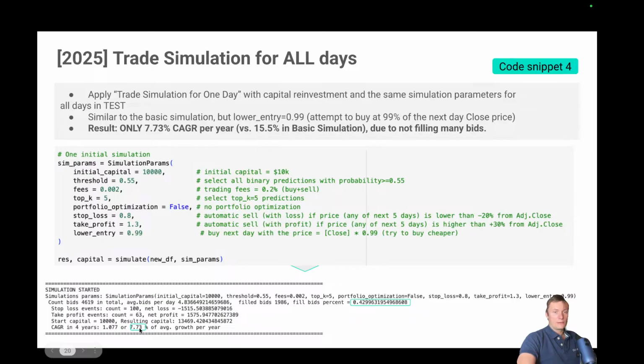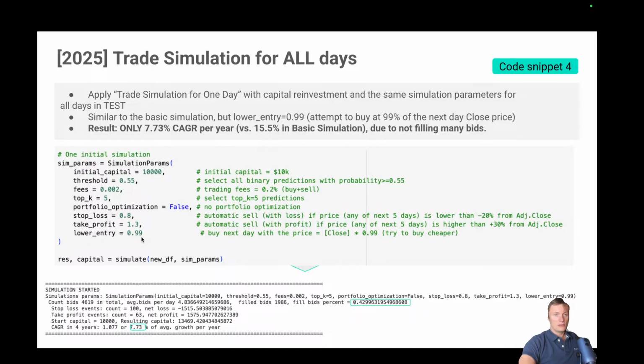If you remember from the basic simulation, the predicted return was about 10%. Here you could get only 7.7%. Why is that? The reason is that only 43% of bids were filled, because we were always trying to buy cheaper, that is cheaper by 1%.